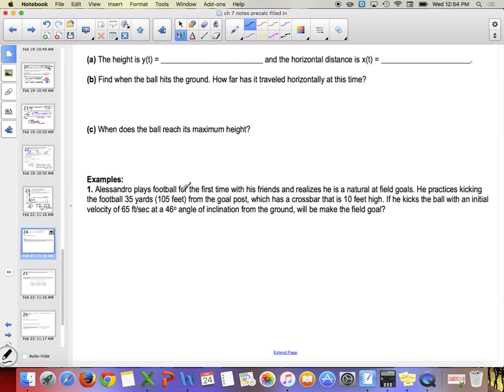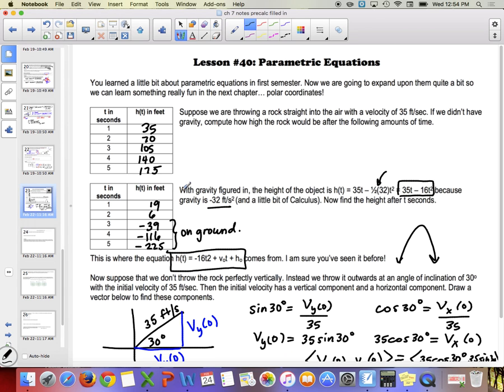Okay, so then your height is affected by gravity, right? So your height equation ends up being y of t equals, and we use our height equation: negative 16 t squared plus our initial velocity times t plus our initial height.